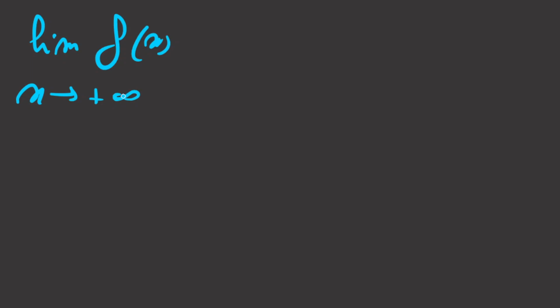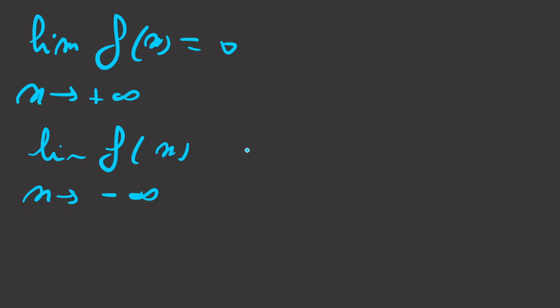I'm just going to write it here to be formal. Limit of f of x when x is approaching infinity, we get 0, and limit of f of x when x is approaching minus infinity is also 0.